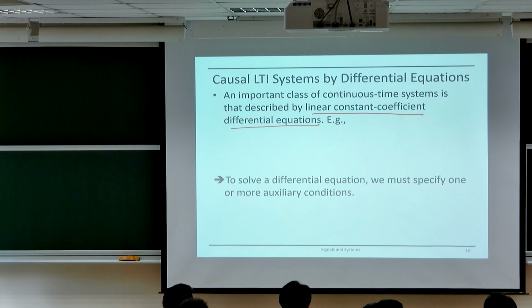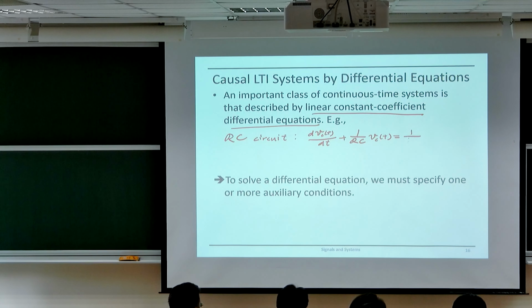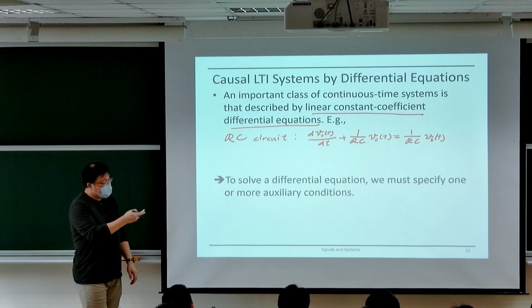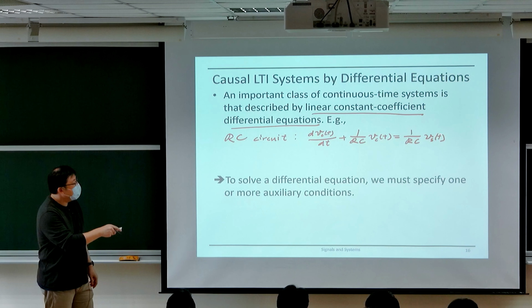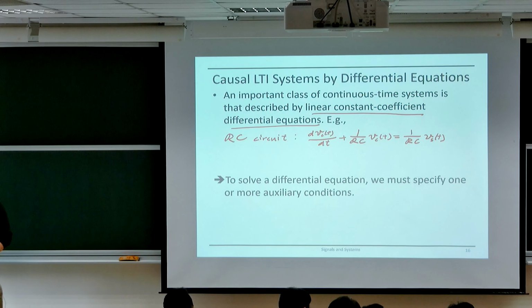If you look back at our examples in chapter 1, we had the case of an RC circuit where we obtained the input-output relation in terms of this differential equation, where the input is the voltage across this voltage source, and the output is the voltage across the capacitor.